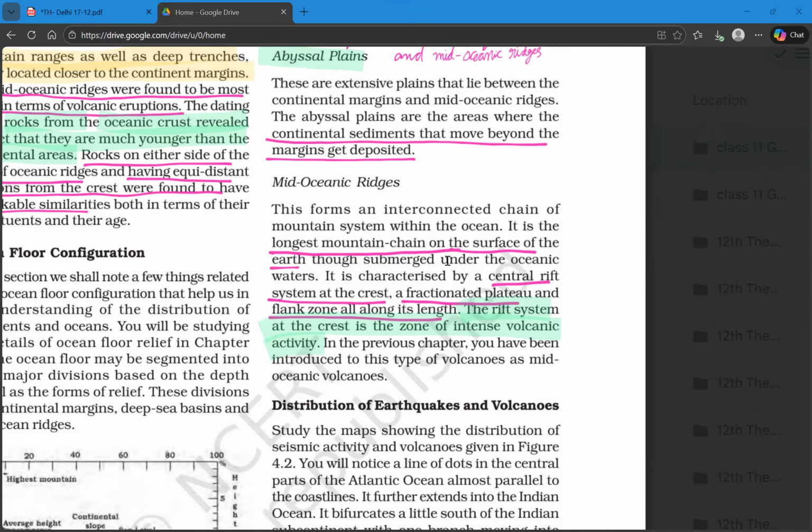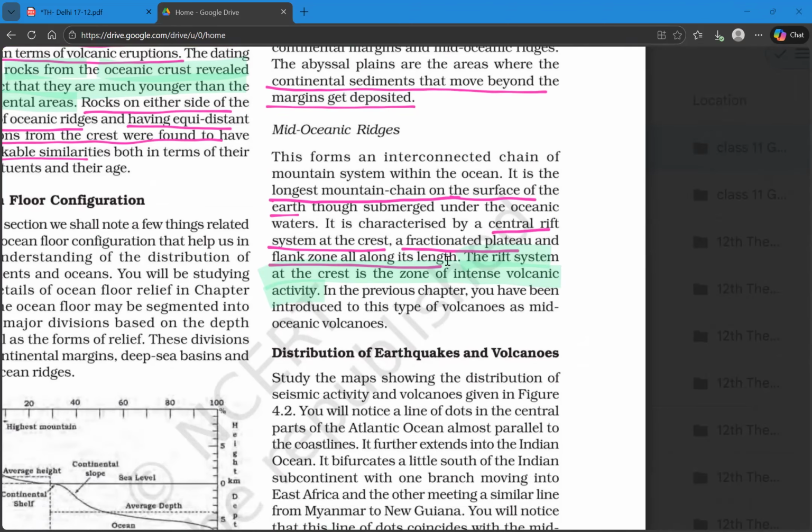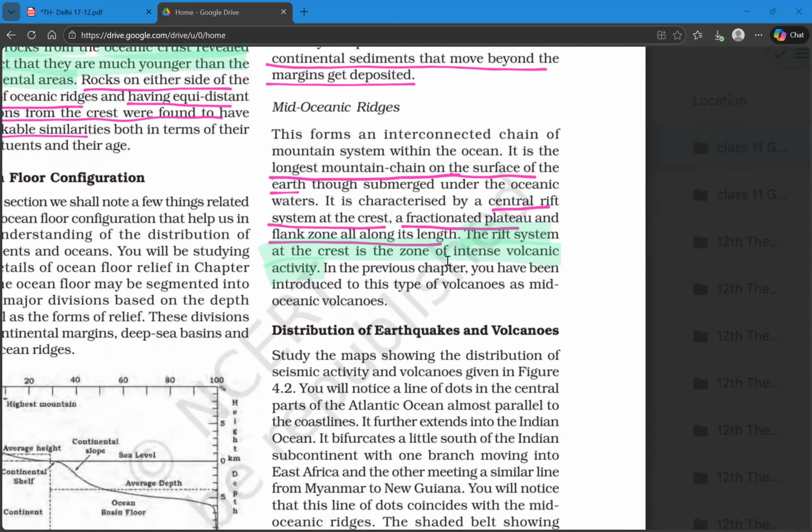It is characterized by a central rift system at the crest, a fractured plateau, and a flank zone along its length. As we read before, the rift system at the crest is the zone of intense volcanic activity.